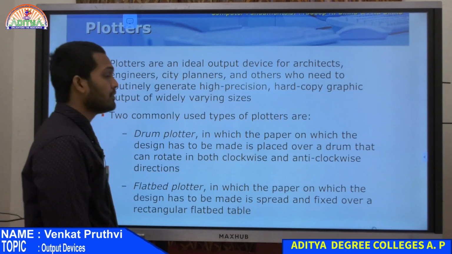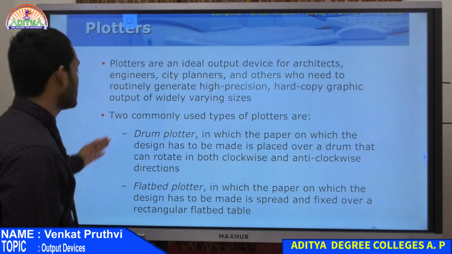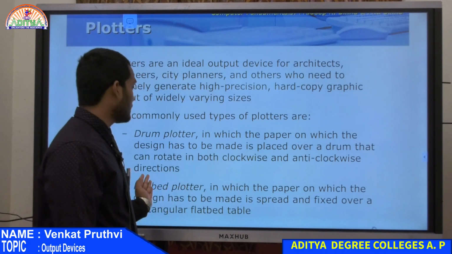Okay, so we have two different types of plotters available. One is the drum plotter, the other one is the flatbed plotter.